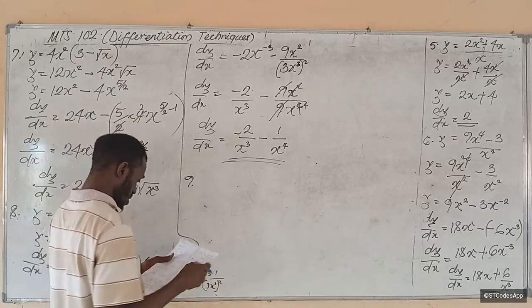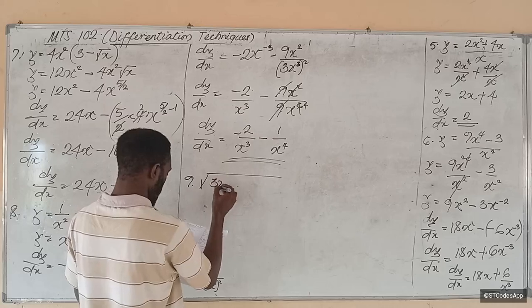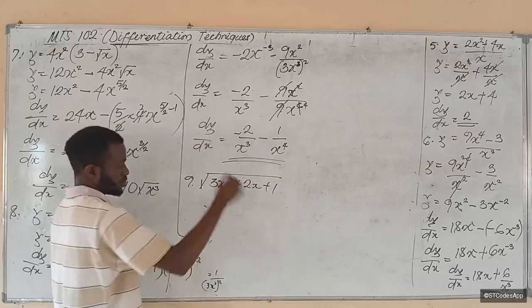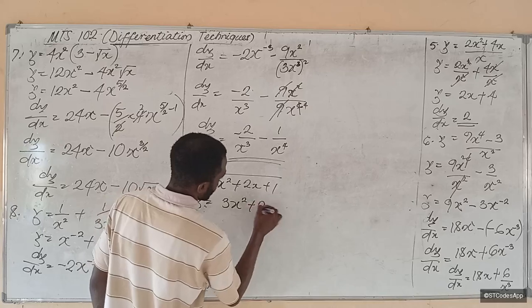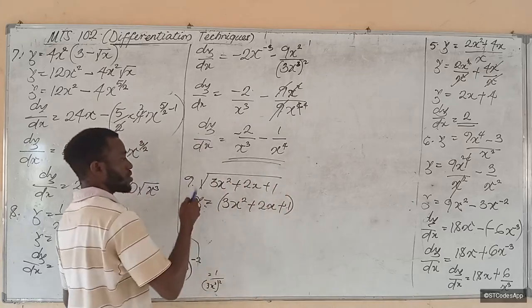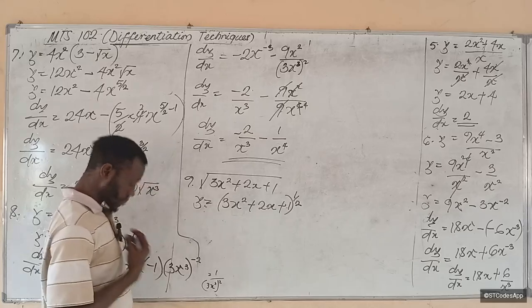Question 9 says that we should take the square root of 3x squared plus 2x plus 1. All right, what you want to do is rewrite this as y equal to 3x squared plus 2x plus 1 all raised to power half. I told you square root of something means that thing raised to power half, right?